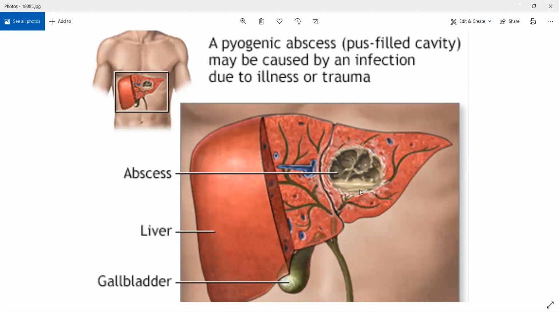What you see here is the abscess. Not fluid, a pus filled cavity. All right, that is one way. Then another way through which a patient can get pyogenic abscess is through portal pyemia.